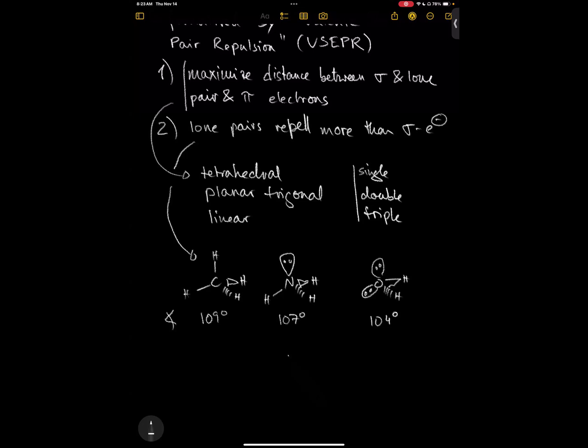And what you see is, if you now go from nitrogen to phosphorus, you have the same kind of valence electron configuration, but the lone pair electron is larger because it's in a higher principal quantum number, so it occupies more space, and correspondingly there's more repulsion, and your angle is further reduced to 93.5.